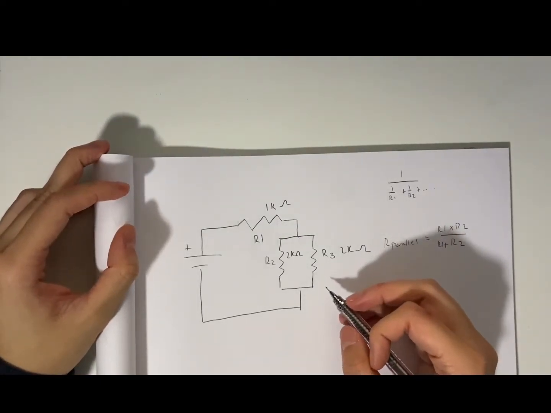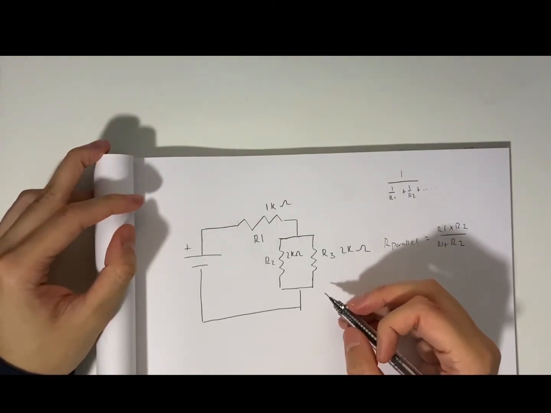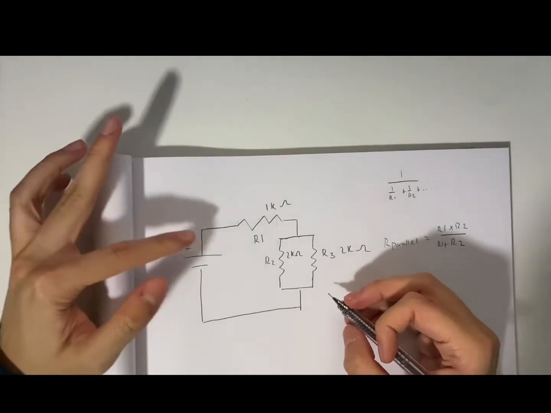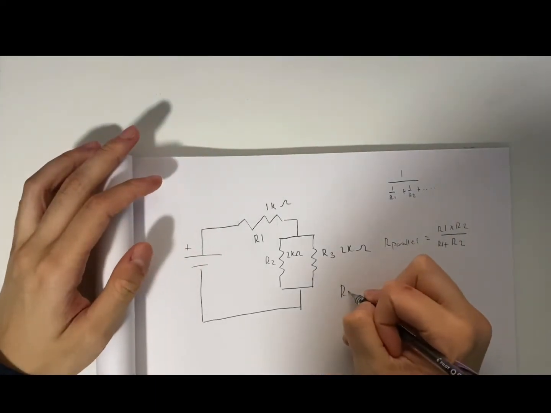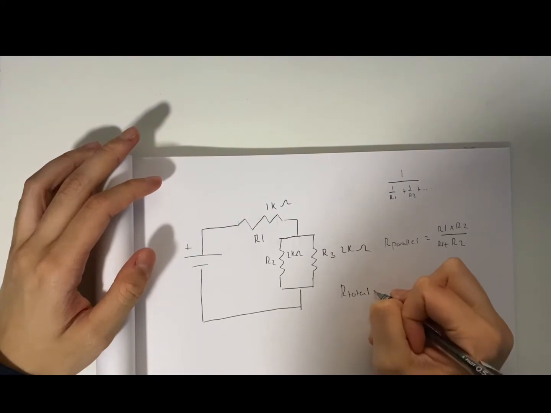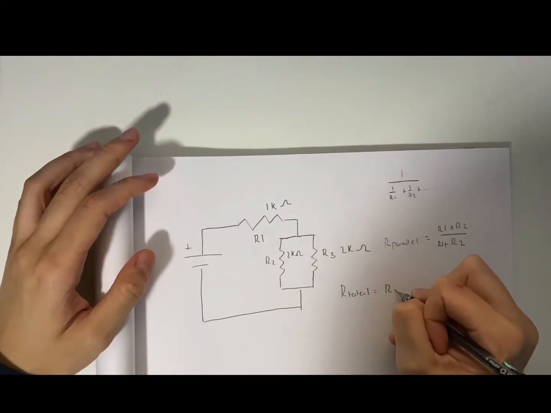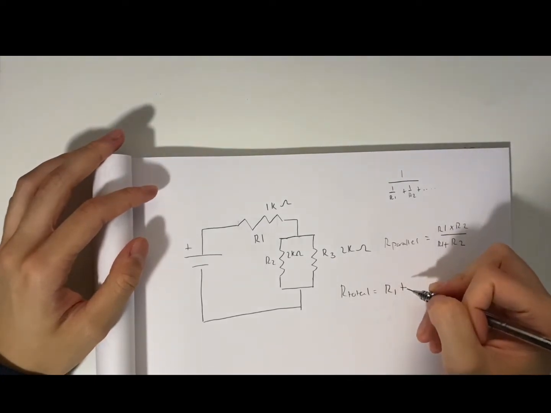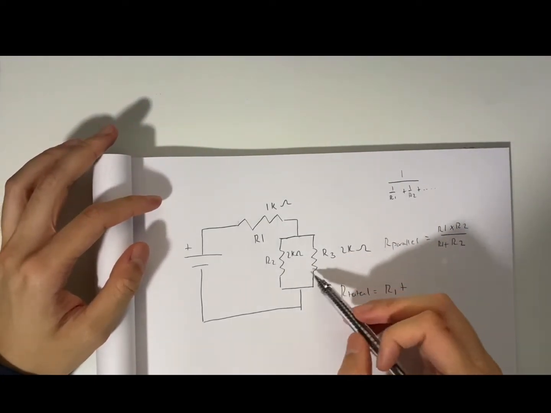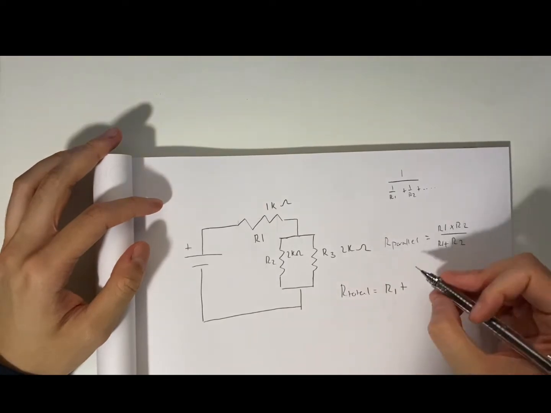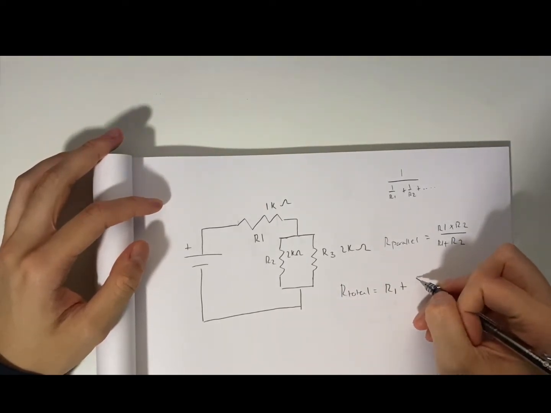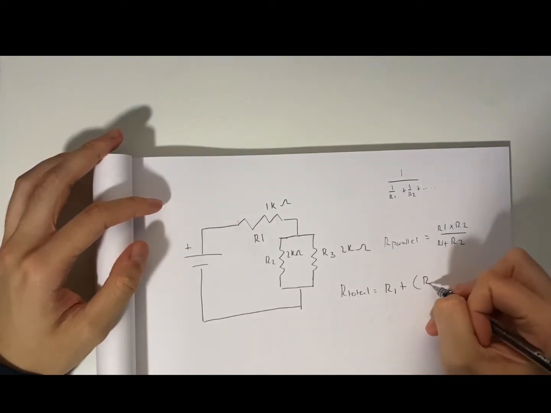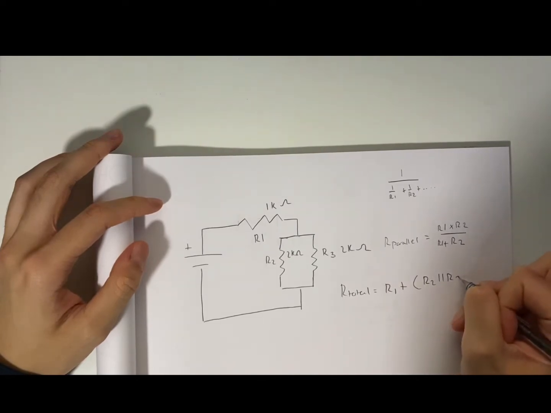So let's solve this. How do we find the total? We have a series here, so that's equal to R1. That's our series. I want to combine this, so we'll need to find the total of these 2 resistors first before anything. Put the brackets there, and R2 parallel with R3.